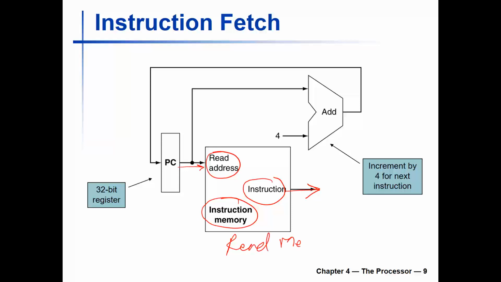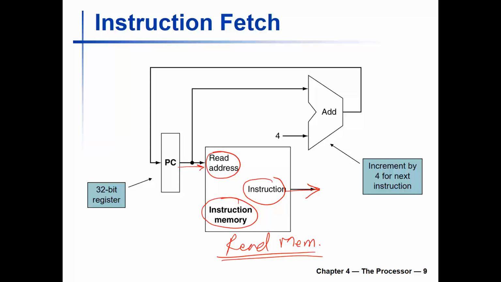Now, for our program, obviously this memory is typically written by the OS, by one of the programs in the OS called the loader. But when you execute a program, the program itself cannot write to its instruction memory. It can only read from it.